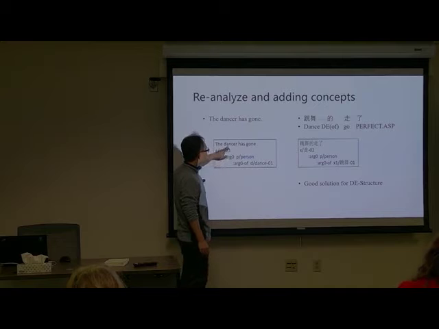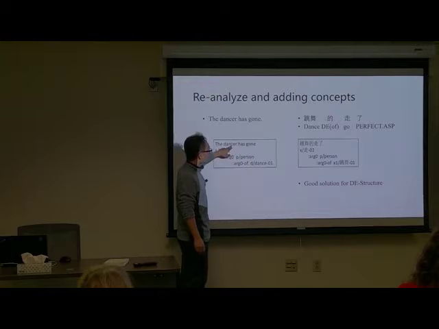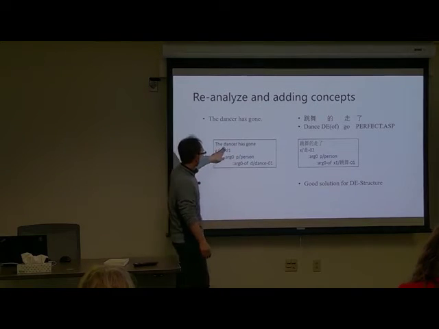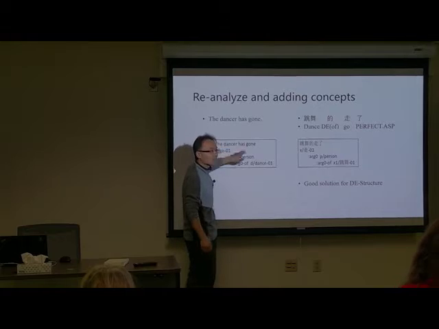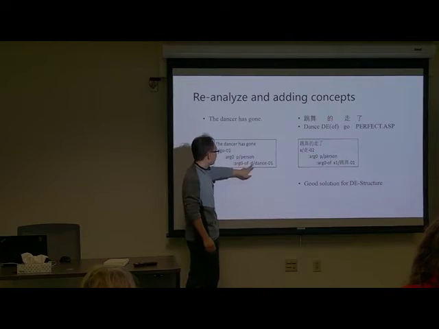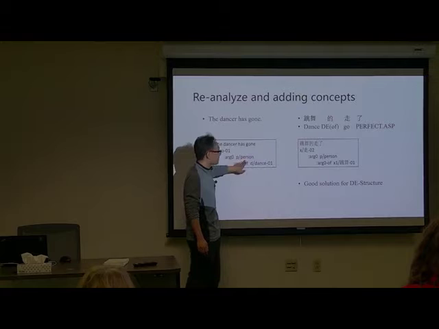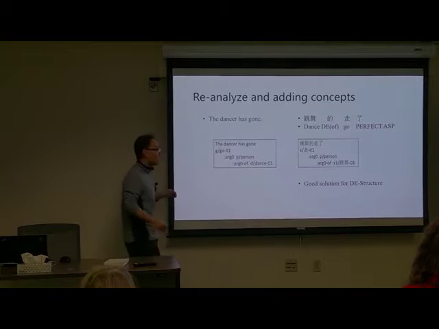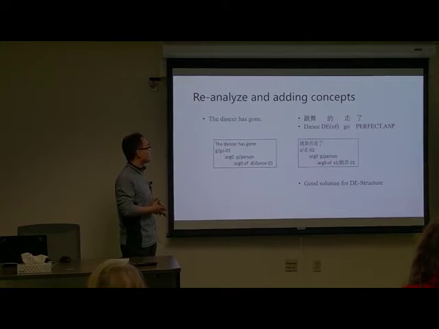They would analyze this by putting dance and ER separately, and the ER is a person, a person who dances, and the person has gone. So in this way, it becomes clear.